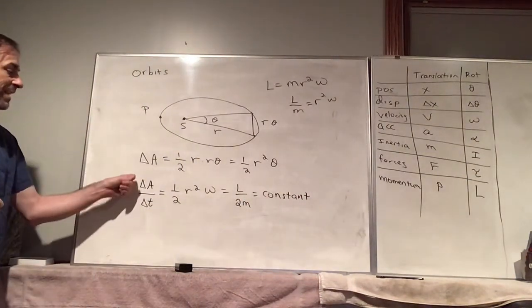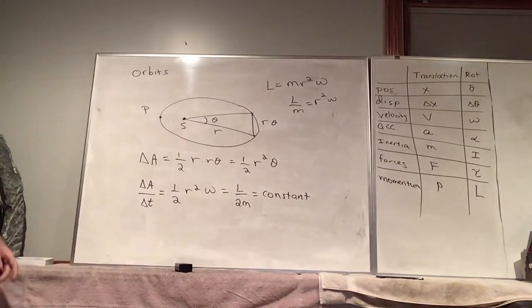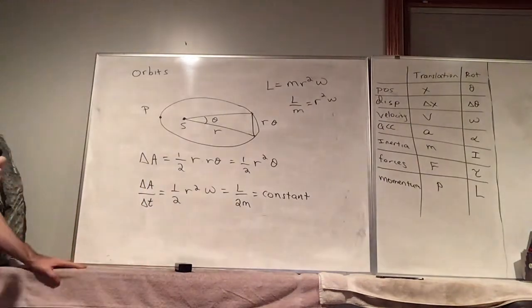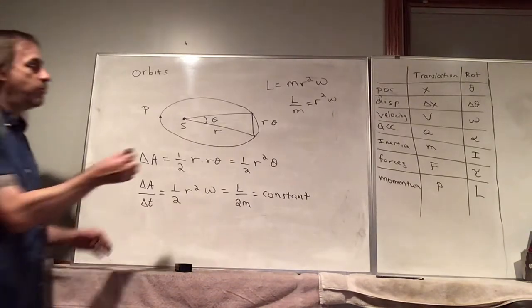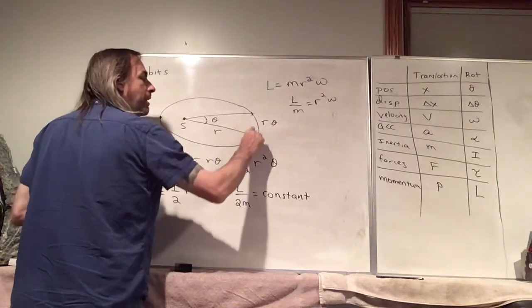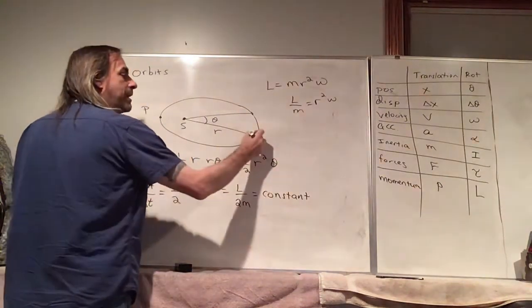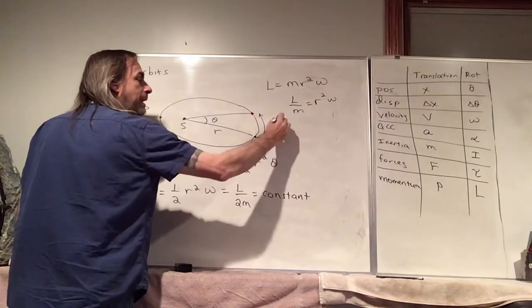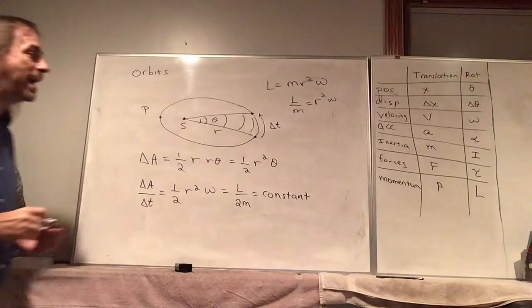And so what we found is that this delta A over delta t is constant, which is one of Kepler's laws, equal areas in equal times. So if you look at two points on the orbit, I'm going to erase this line, which I used to derive it. But if we go some time interval here, in the time it takes to do this, it's going to sweep out an area equal to this wedge.